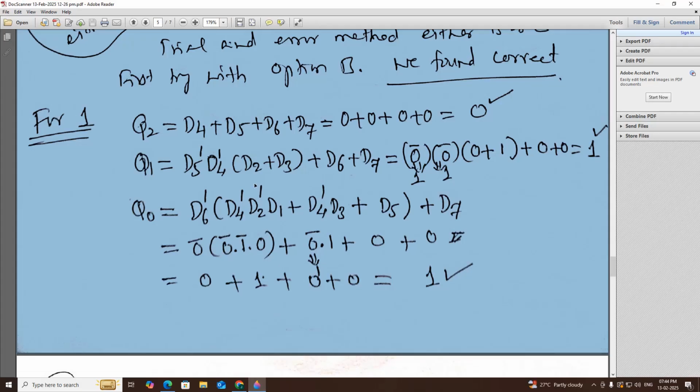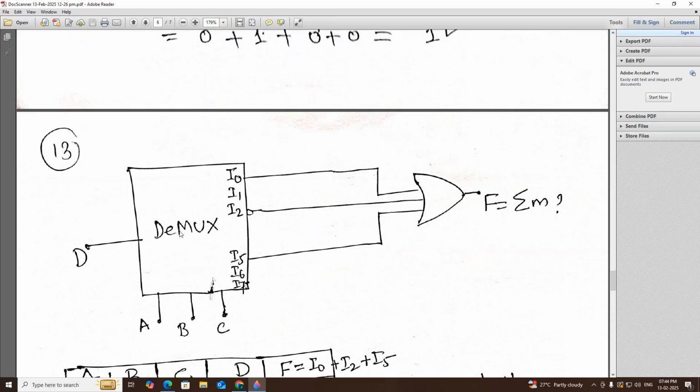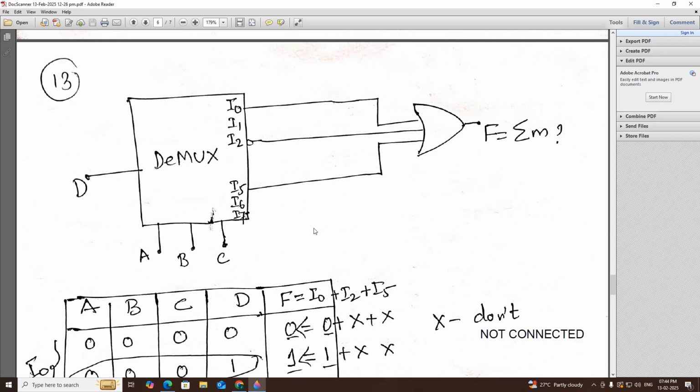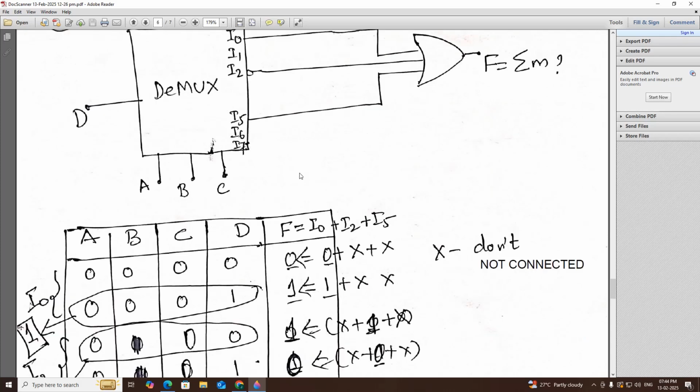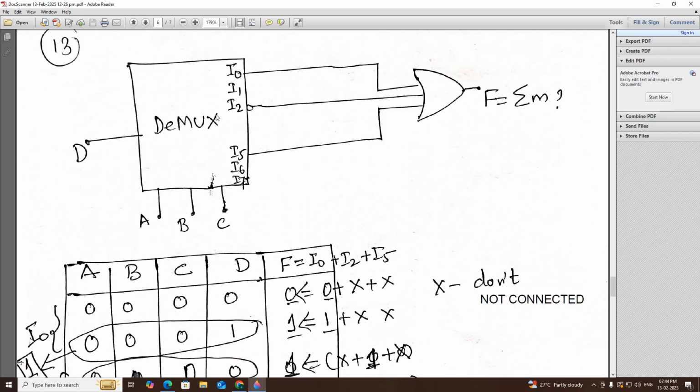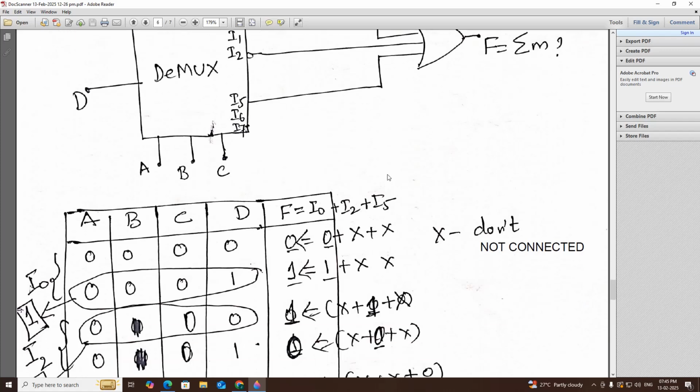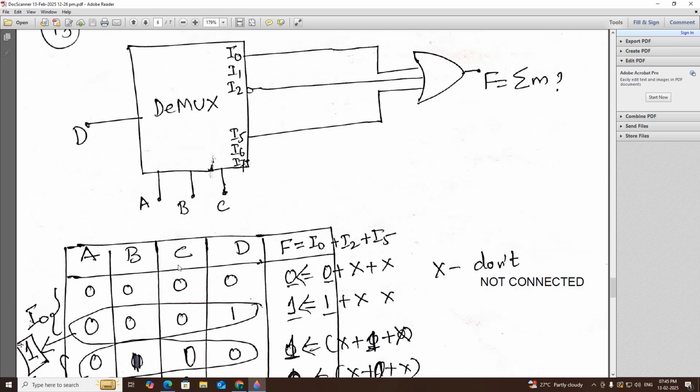For the 13th question, this is the diagram they have given. I0, I2, I5, these three are connected for F. A, B, C are select lines.